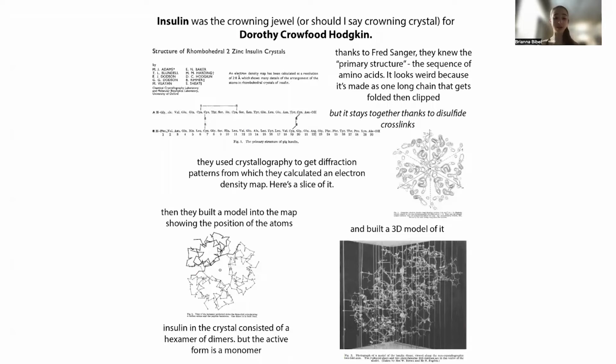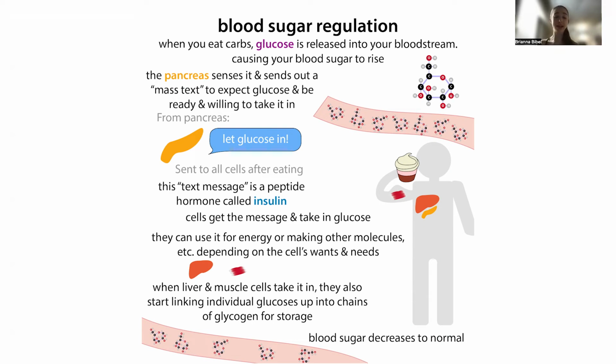She saw the structure of many different things, but one of them was insulin. This was her crowning jewel. This is what she really, really wanted to do. It wasn't the first structure she solved, but she finally did solve it. And insulin is important to allow cells to let in glucose.